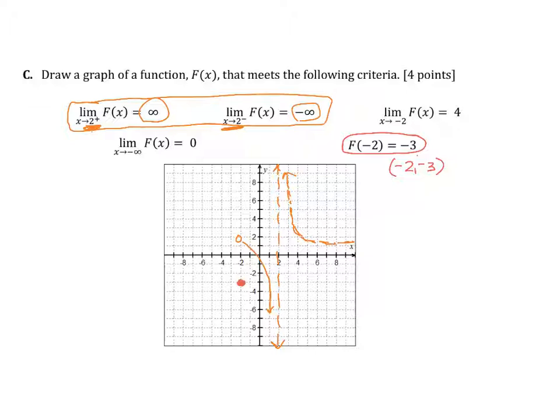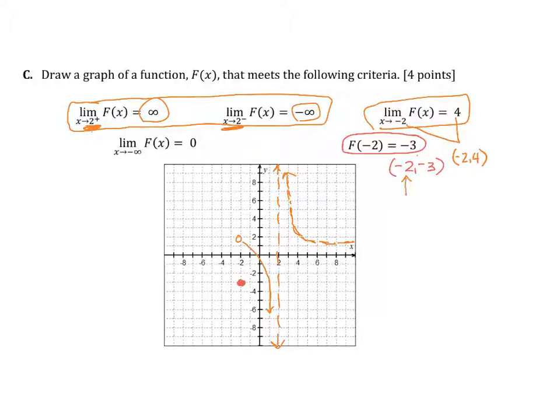Now, we've also got, let's see, the limit as x approaches -2 is for sure 4. So that's going to change a little bit over here. At -2, I've got to be at +4. Since this is a for sure limit, you need to think of this at (-2, 4). You've either got an open or a closed circle there.